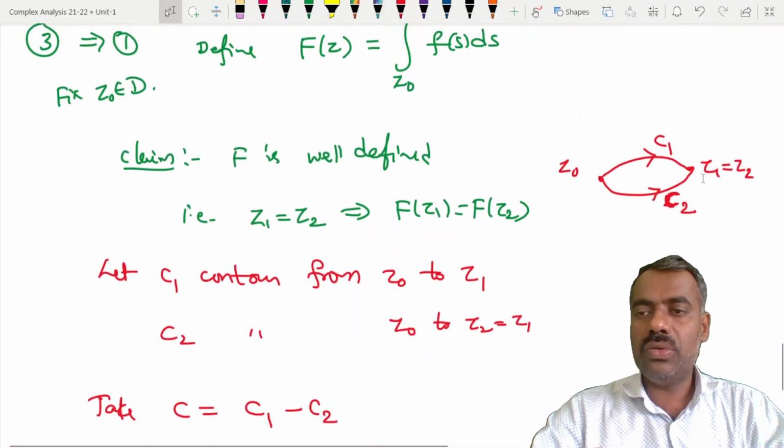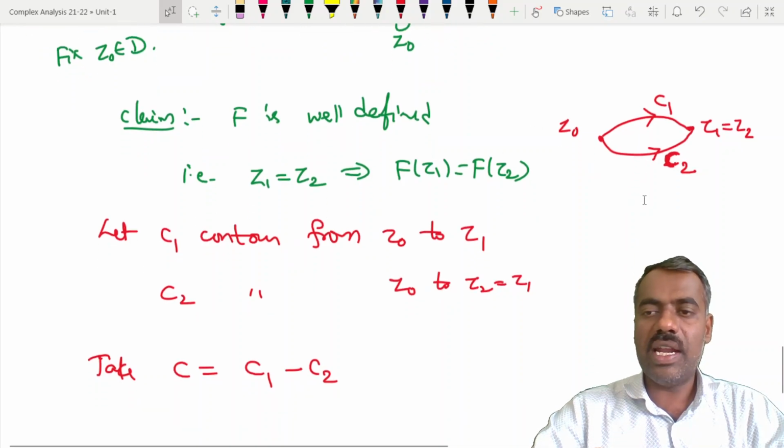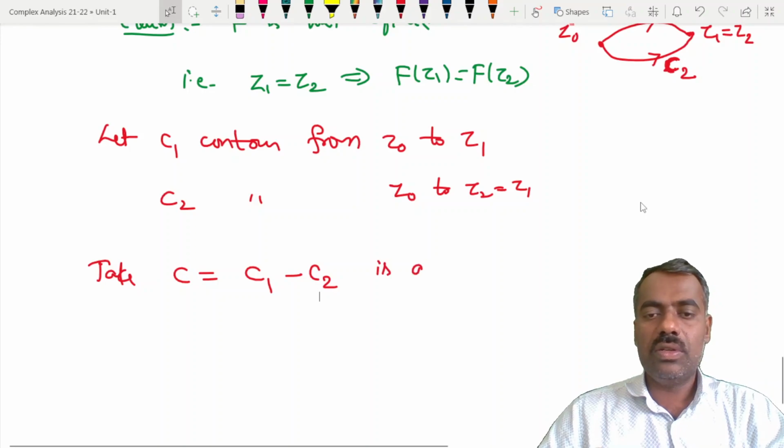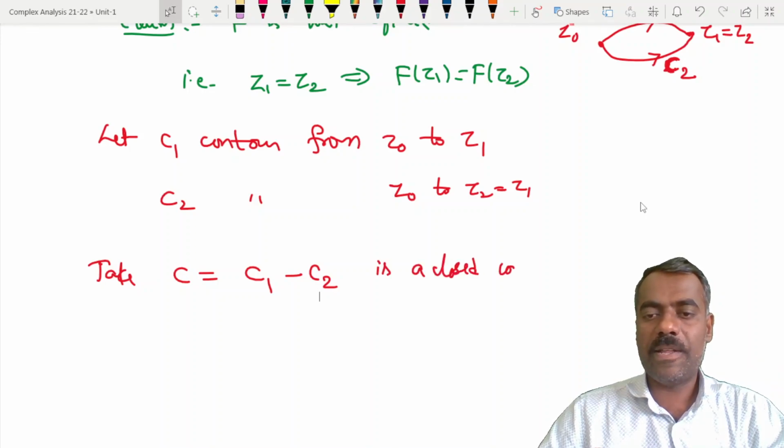C1 is Z0 to Z1, then minus C2 goes from Z1 back to Z0. So you get a closed contour.